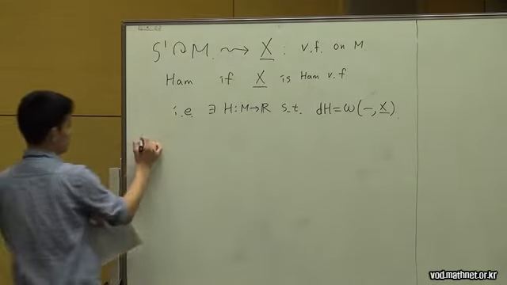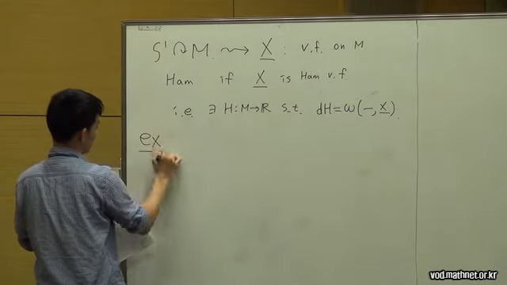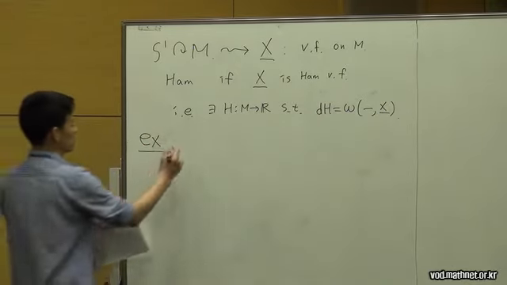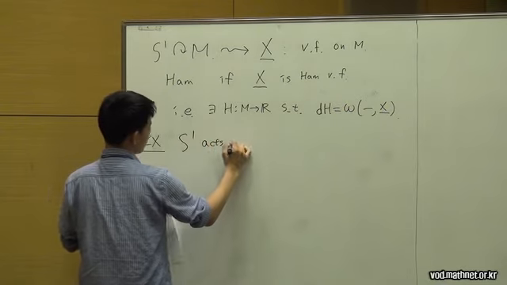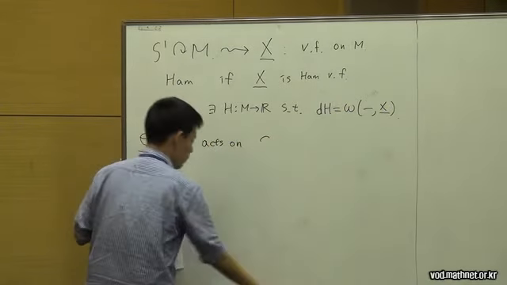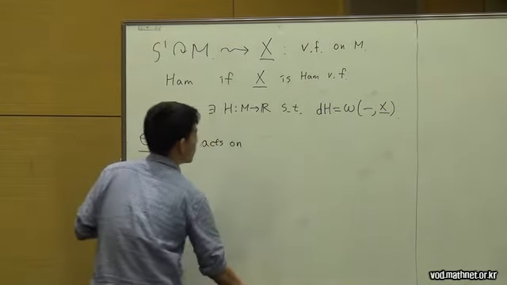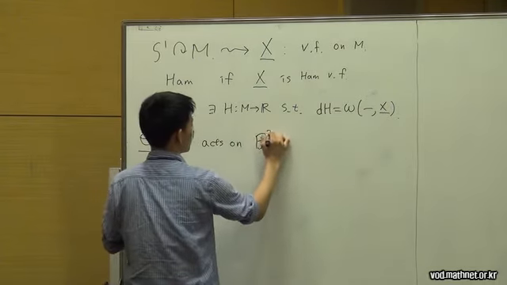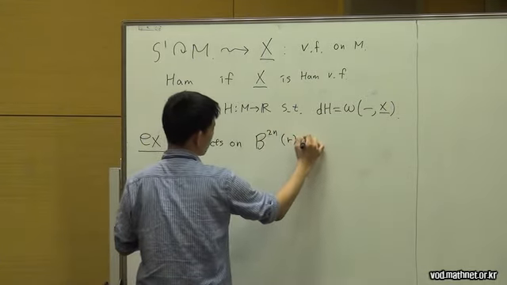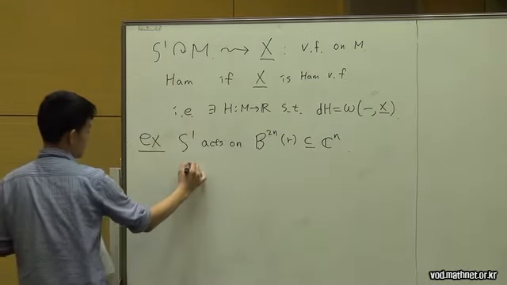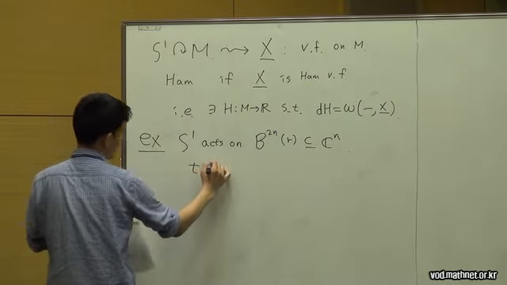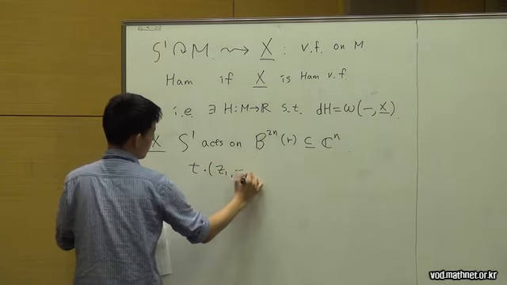So let me give you one simple example. So suppose a circle acts on a ball sitting inside Euclidean space, and the action is by the diagonal.